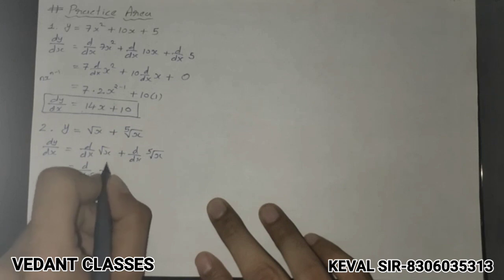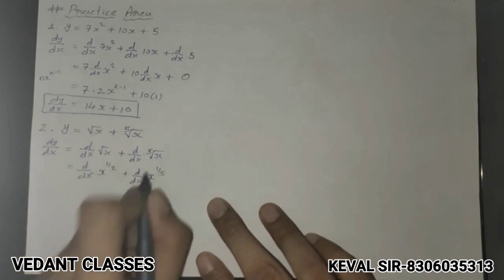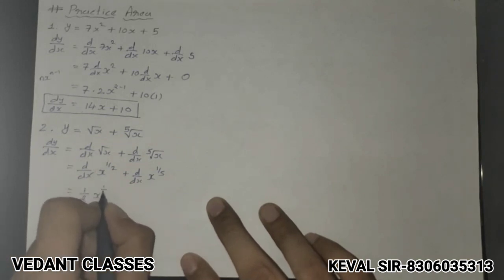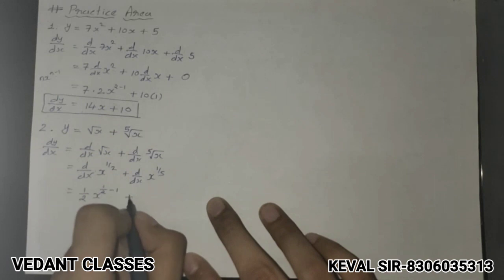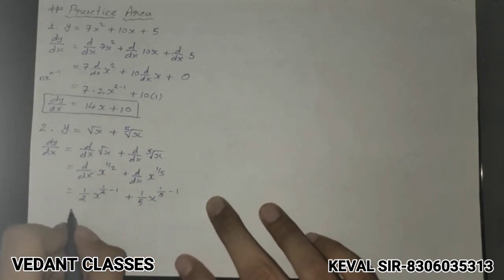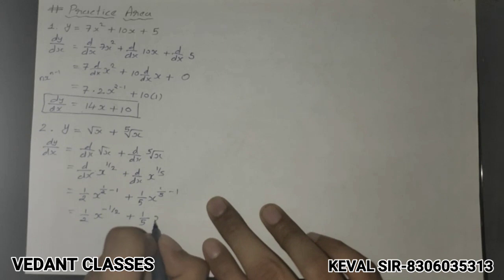It is x raised to 1 by 2 and this is x raised to 1 by 5. Now carry out the derivative: 1 by 2 x raised to 1 by 2 minus 1 plus 1 by 5 x raised to 1 by 5 minus 1. So this will be 1 by 2 x raised to minus 1 by 2, and this will be 1 by 5 x raised to minus 4 by 5.